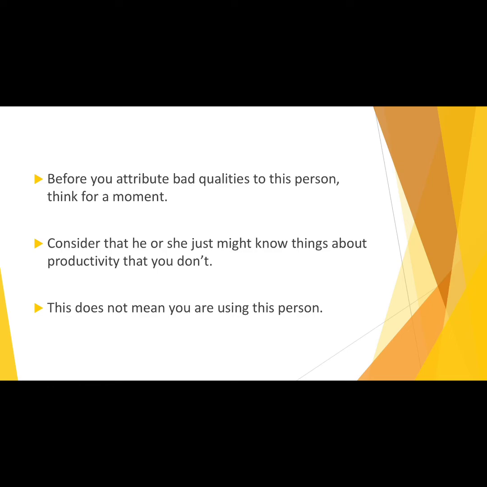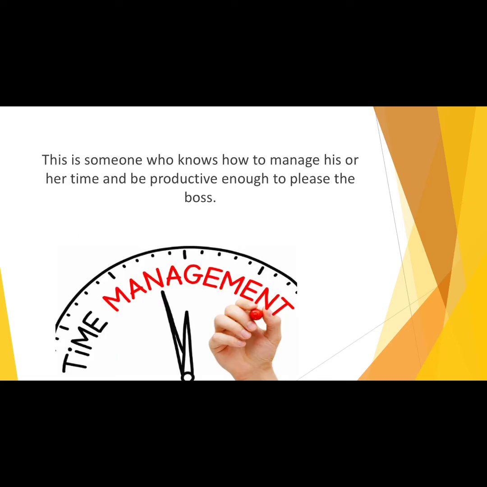This does not mean you are using this person, but if you're able to set aside your understandable resentment, you might see that it's hard work and better management skills that is getting this person noticed. This is someone who knows how to manage his or her time and be productive enough to please the boss. If there are coworkers you should be avoiding, this is the coworker you should be befriending and spending time with.